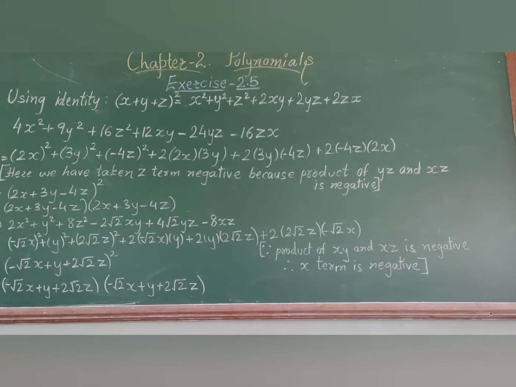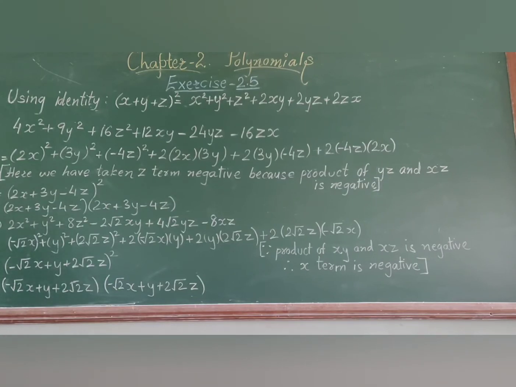So question number 1: 4x square plus 9y square plus 16z square plus 12xy minus 24yz minus 16zx. Now here, in our identity, all terms are positive, but in questions we get negative terms also.